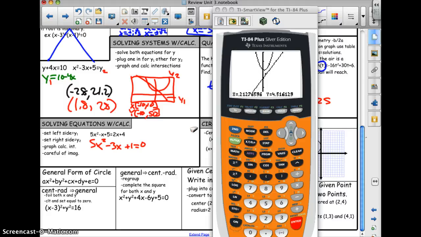All right. Negative b, which is 3, plus or minus the square root of b squared, which is 9, minus 4 times a times c, which is going to be minus 20, all over 2 times a, which is 10. All right, and then when you simplify that, you'll see it's imaginary.